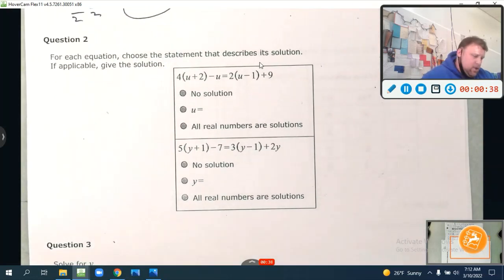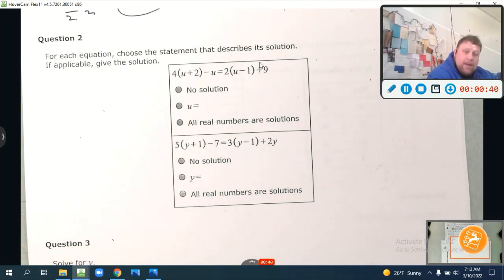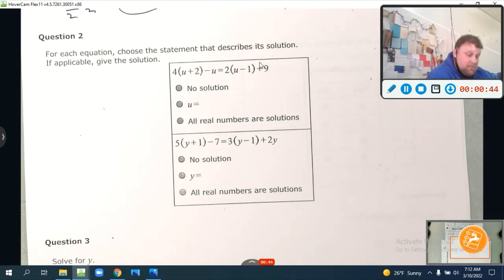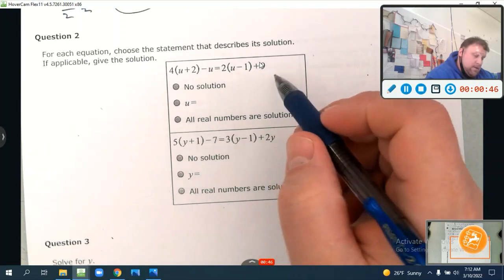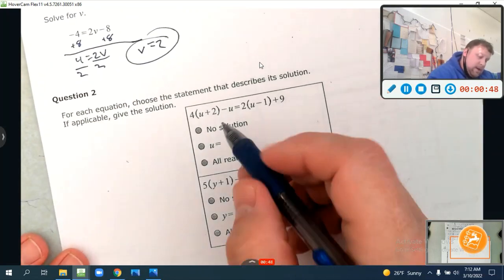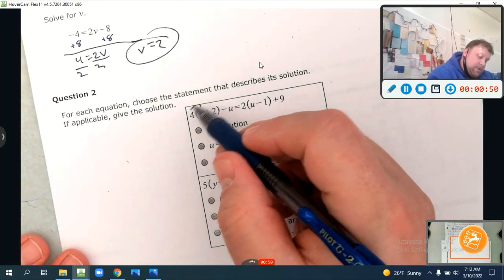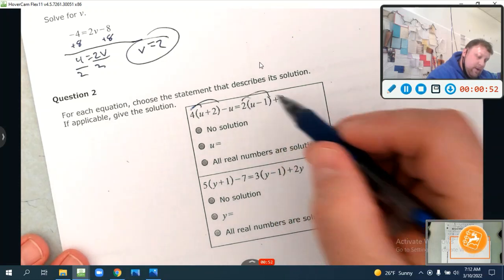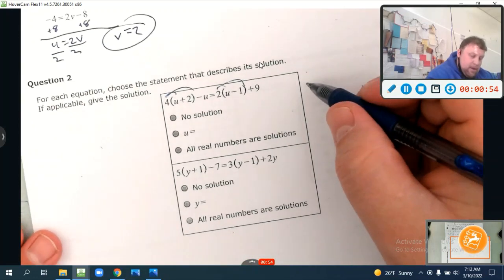For each equation, choose the statement that describes the solution. If applicable, give the solution. Okay. Well, let's try to work this out. So I'm going to do the distribution and do everything I need to do, like right here and here, and just rewrite it probably on this side.